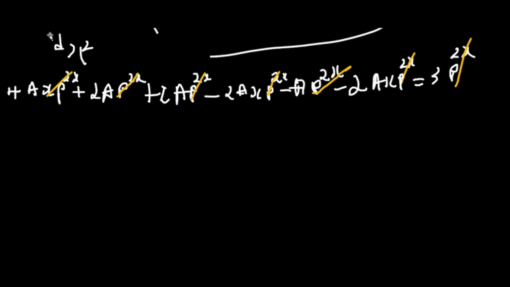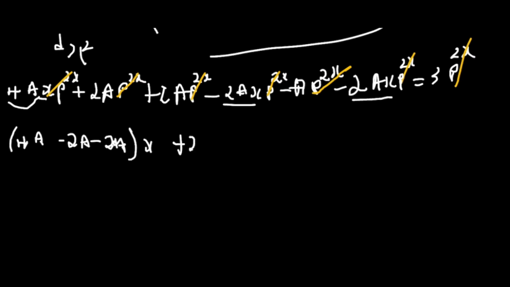So let's just factor out our function. We know that this is in terms of x, so I'm going to underline all the terms in x. We're going to have 4a minus 2a minus 2a, so all of that will give us x.